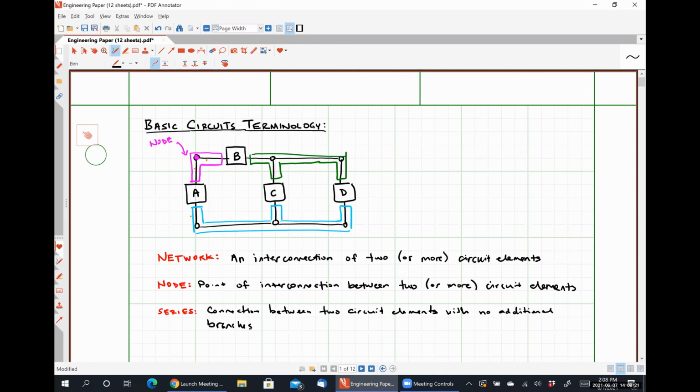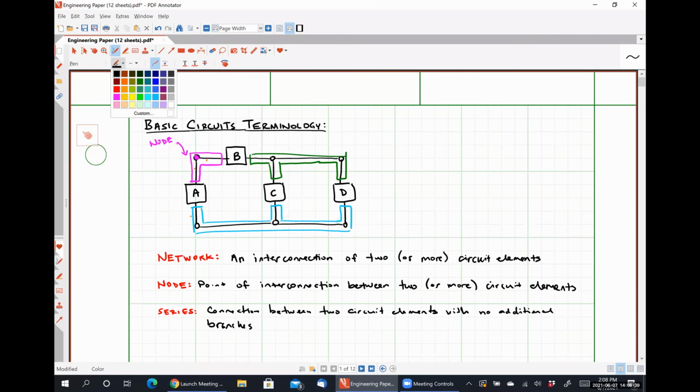Okay. So when we only have a single point of interconnection between two circuit elements and there's no other branching paths, which is exactly what's described by this node that I've highlighted in pink, those two elements are said to be connected together in series.